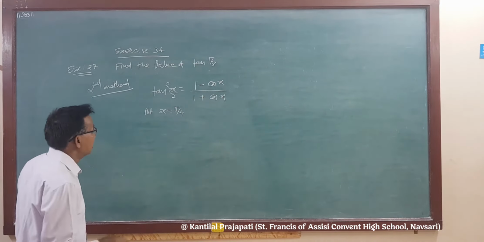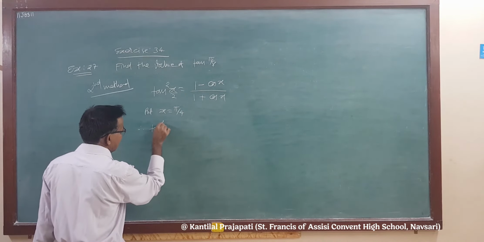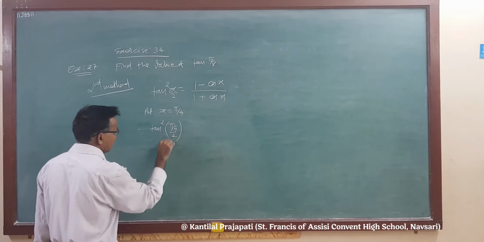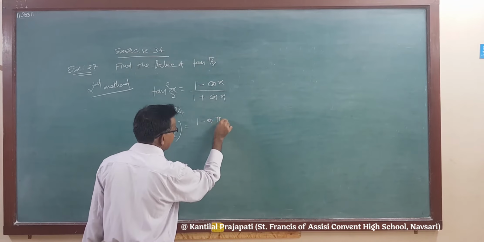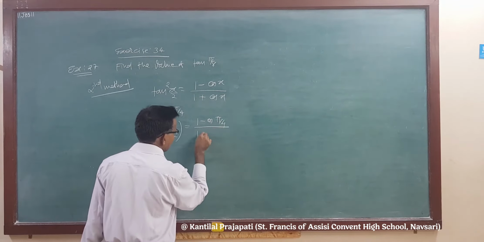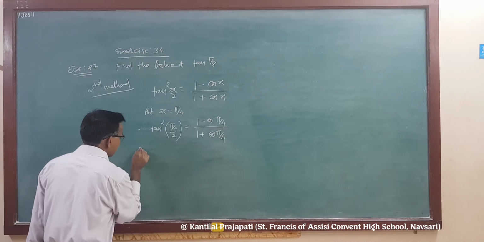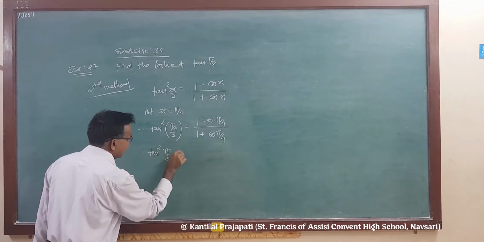Put x is equal to pi by 4, and therefore you get tan square (pi by 4)/2 is equal to (1 minus cos pi by 4) upon (1 plus cos pi by 4). So this is tan square pi by 8.